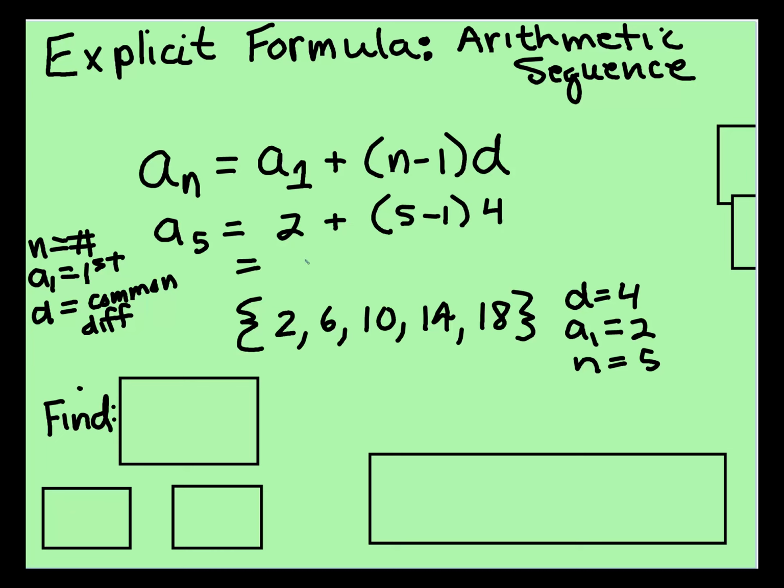So it would be 2 plus, well, 5 subtract 1 is 4. 4 times 4 is 16, and 2 plus 16 is 18. So this says that the fifth term in this sequence is 18. 1, 2, 3, 4, 5. The fifth term in that sequence is indeed 18.